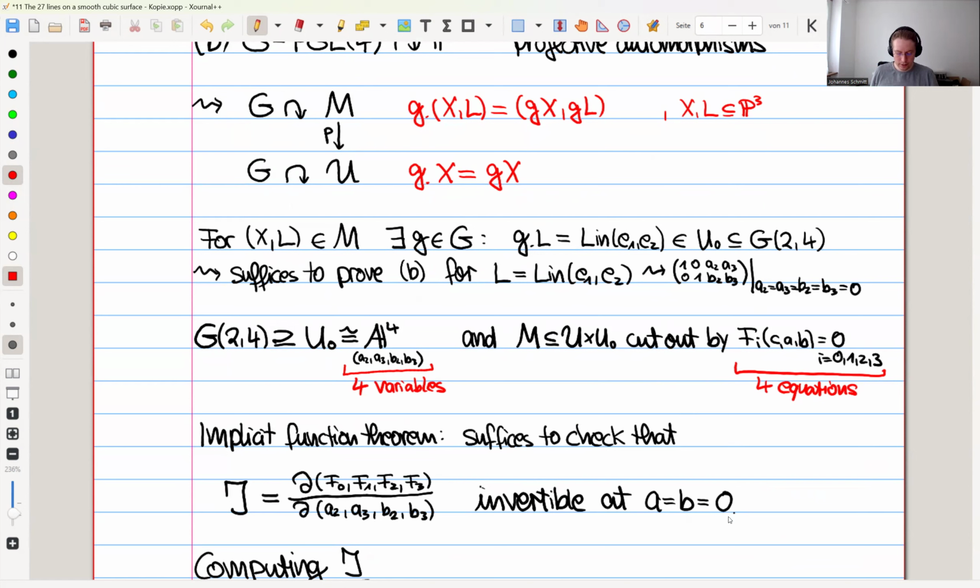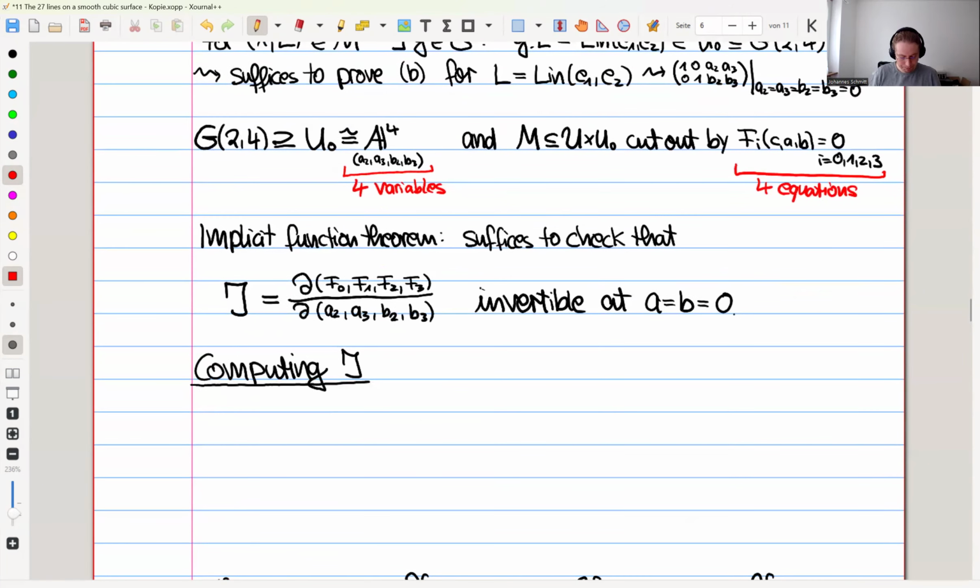So this is what we reminded ourselves a couple of videos ago, that this is the interpretation in terms of the implicit function theorem. If this matrix here has rank exactly equal to the number of equations, then you're locally a graph in this way. Okay, so we have now reduced our problem to a purely algebraic problem. We just take a matrix and we want to show it's invertible. And so let's start computing this matrix.